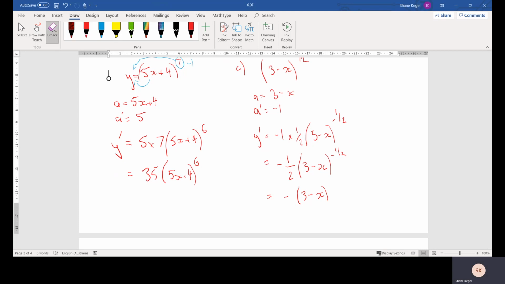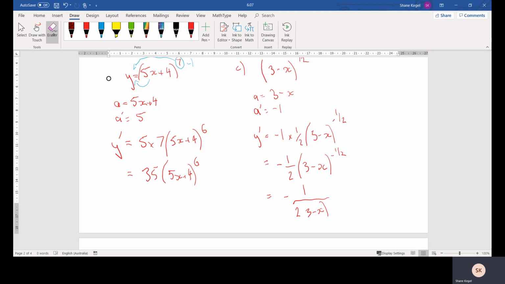Sorry, -1 over, isn't it? Because we have a negative power. So -1 on 2's on my denominator, and the negative brings my function down to the denominator, 3 take x, and the last bit is the over 2 means the square root of.